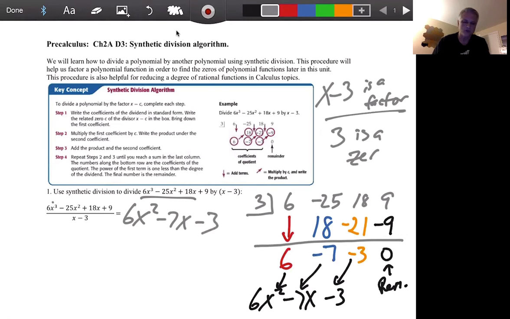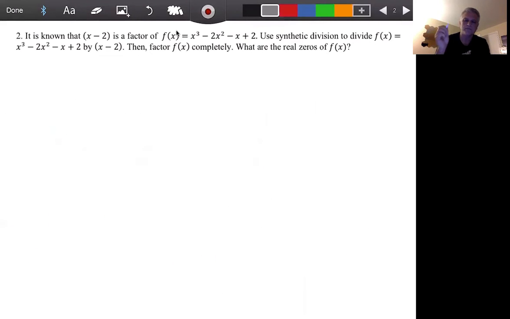Okay? So this divided by this gives me that. So here is our quotient. It's our division answer. Okay? We started with an x cubed, we divided by x, we get an x squared. So we have a second degree polynomial when we divide a third degree by a first degree.